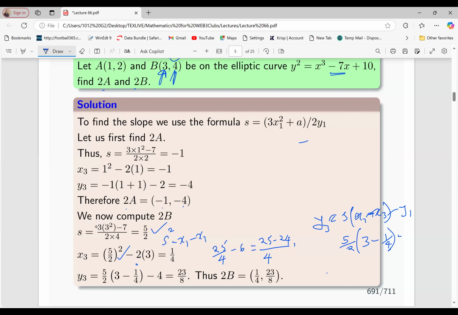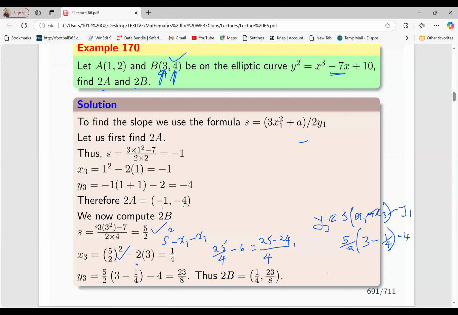Then minus y1, which is 4. So this will be 5 out of 2 times the bracket, which has 2 3/4.